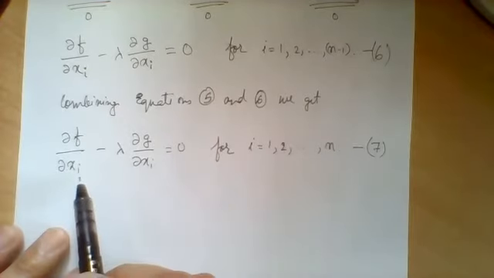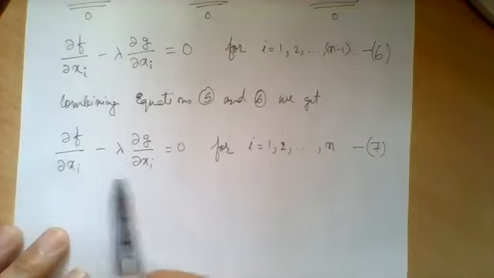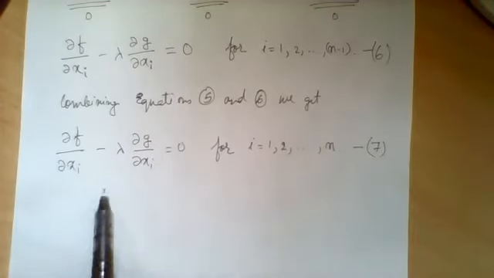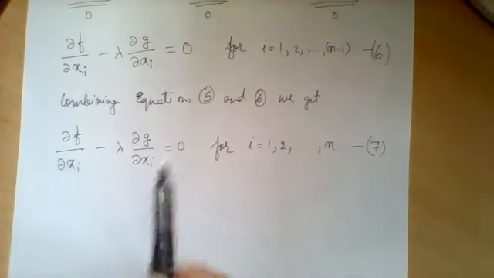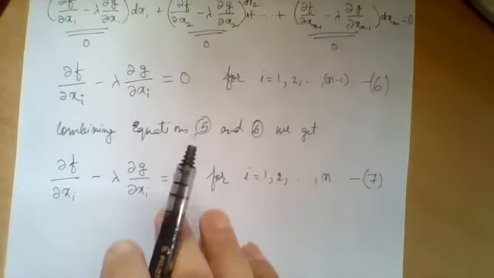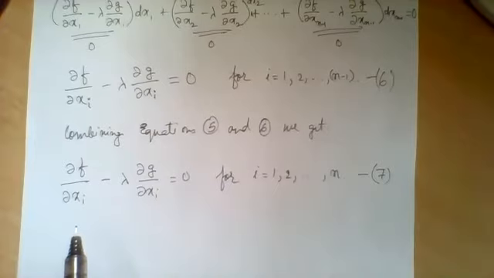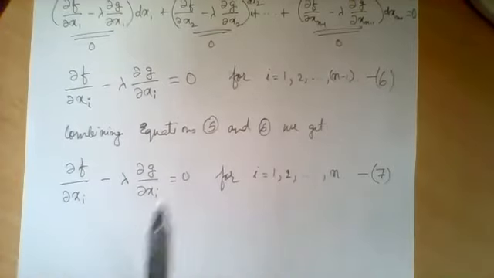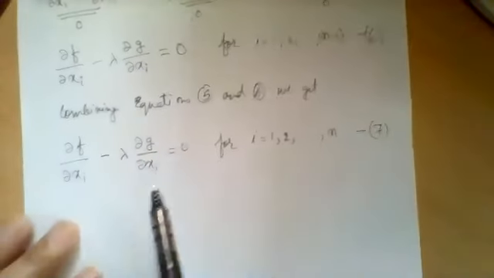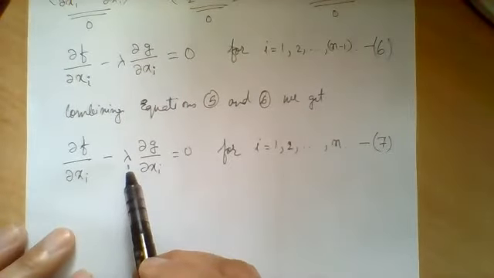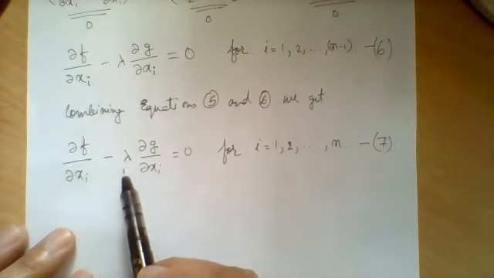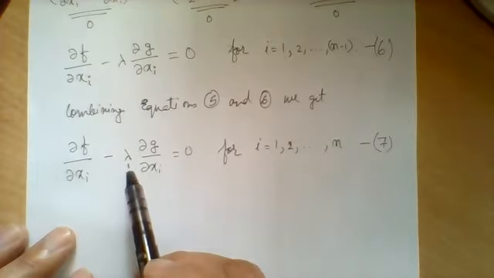We have n independent variables, x1, x2, x3, x4 till xn, and then one more unknown parameter, lambda. So we have n equations, but n plus 1 unknowns.